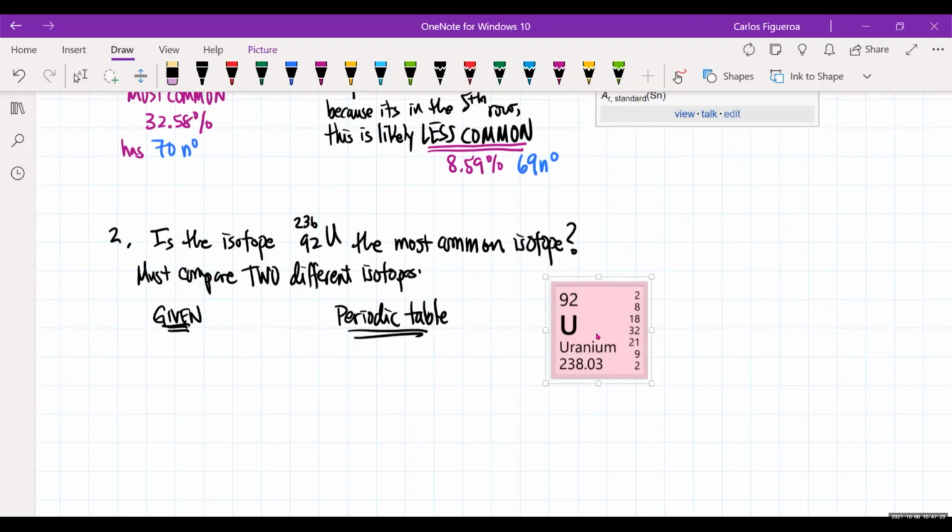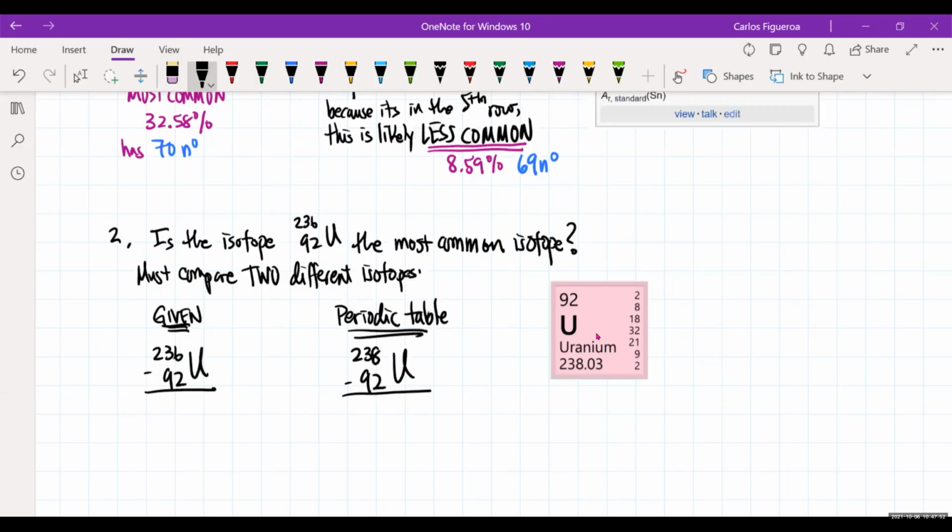Let's go look at this thing here. What's the given in this case? Well, the given is uranium-236. And the other one, on the periodic table, is uranium-238.